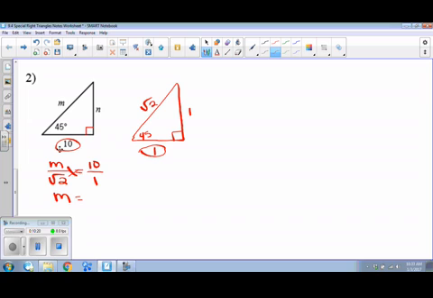No. 10 is not underneath the radical, so you can't multiply it into the 2. That only works when both are underneath the radical. If they both were square roots, then you would. So you just leave this as 10 times the square root of 2, or 10 square roots of 2. You just leave it like that. Okay? So that's m.